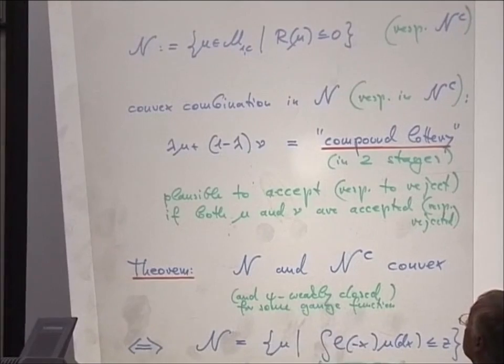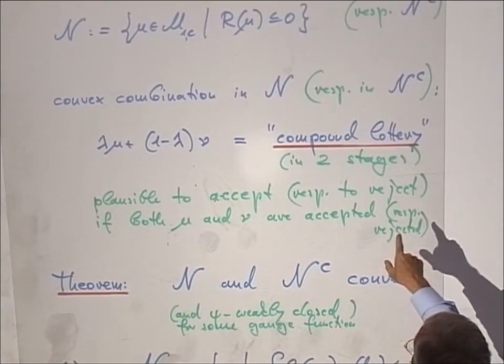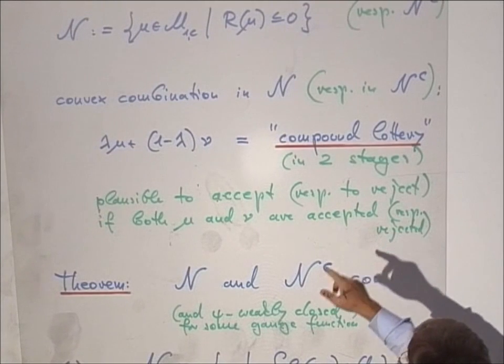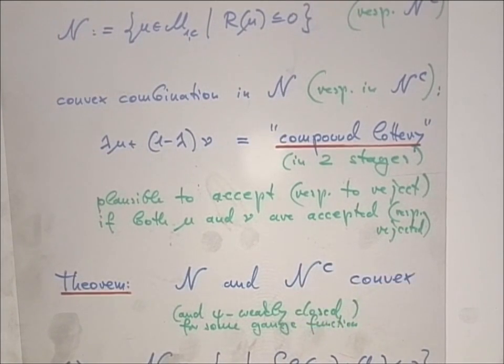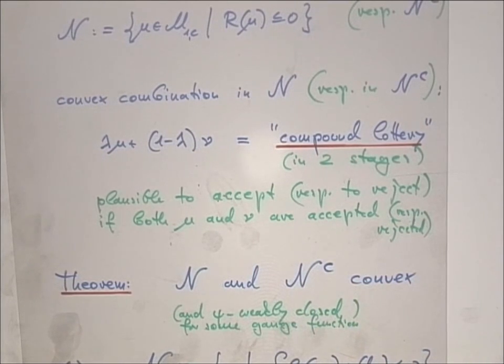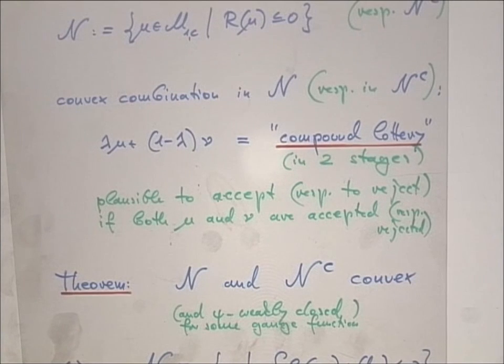This I can view as a compound lottery in the economic jargon. So it's a lottery in two stages. First, I throw a coin with bias lambda to decide which lottery I'm going to have. And then if in both cases the result will be acceptable, why not then accept also this compound lottery? That would be a convexity property of the set N.